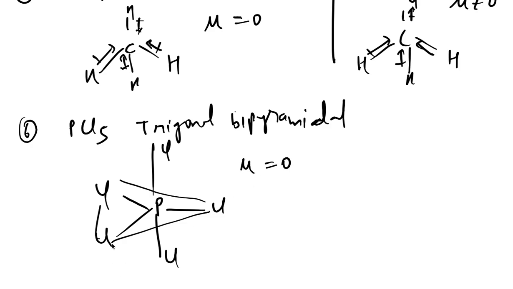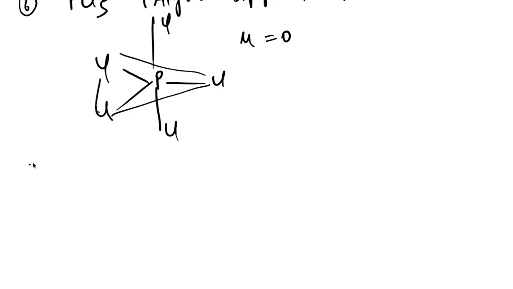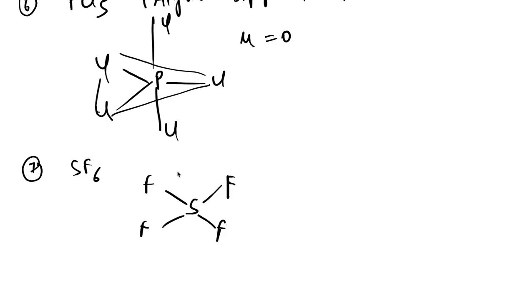Okay, same goes for another popular molecule, SF6. This is also symmetrical in nature. Okay, so we have a shape like this: four fluorines in the same plane and the remaining 2 above the plane and below the plane.